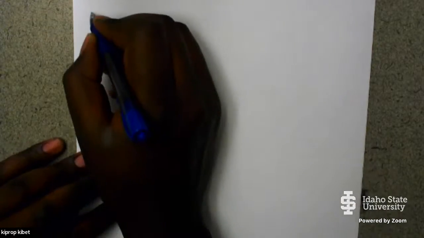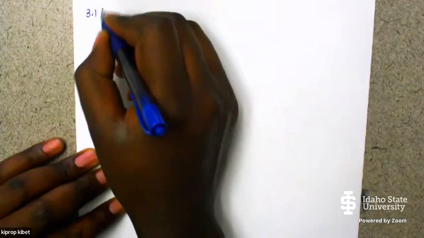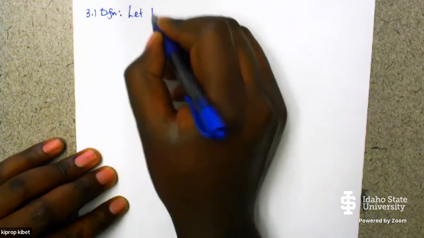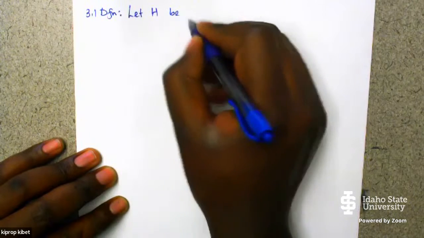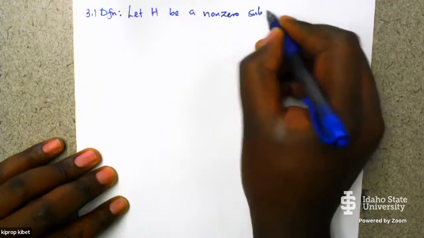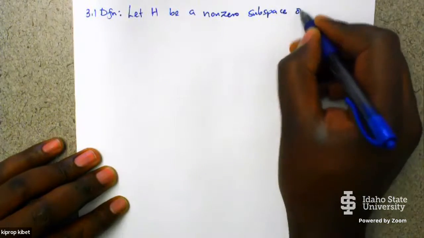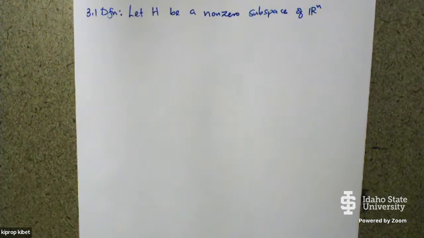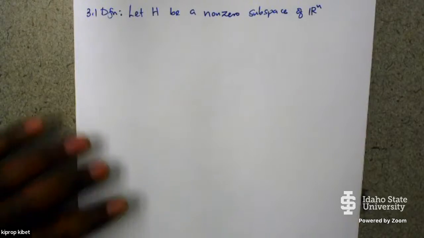So let's look at definition 3.1. Let H be a non-zero subspace of Rn. So it's a small section of Rn, which is not zero.